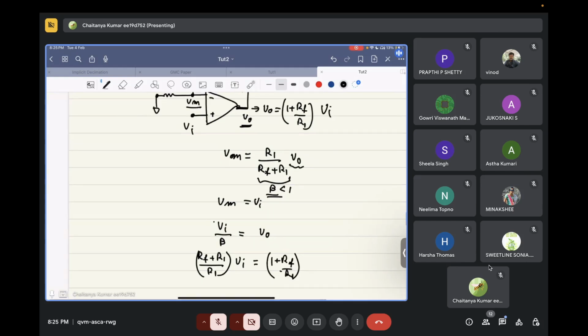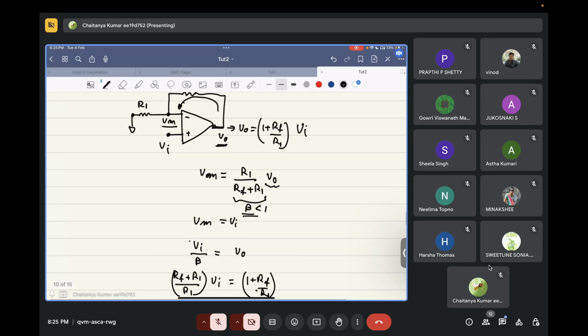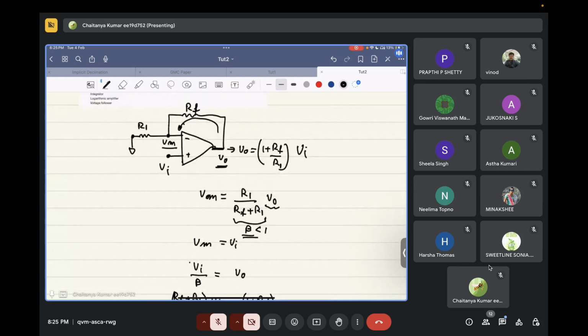So basically, in English, if a fraction of the output voltage is fed back to the input, then the gain from the input to output will be the reciprocal of that fraction. Did my statement make sense to you guys?